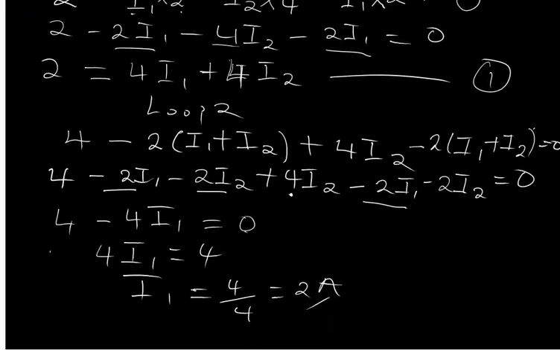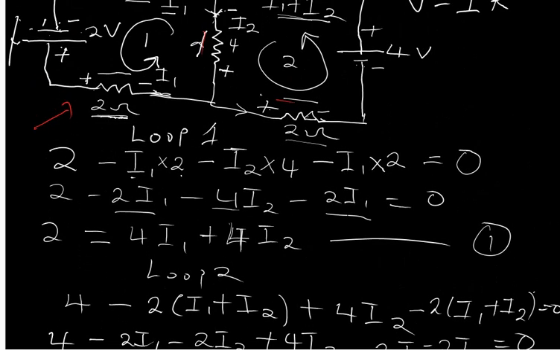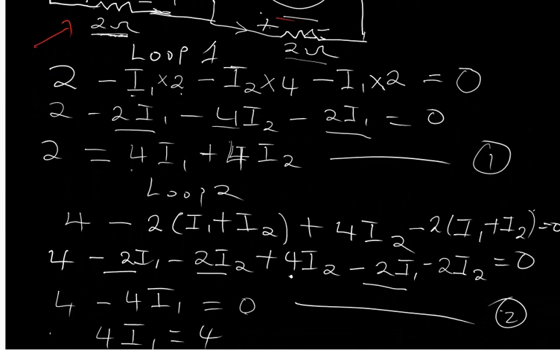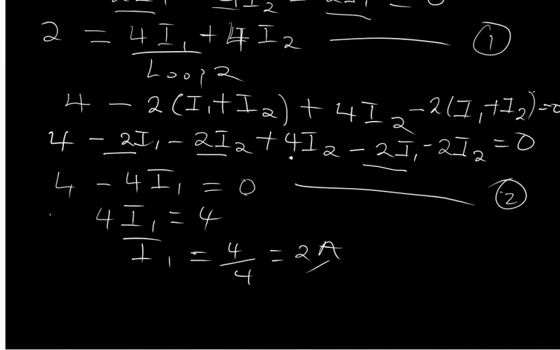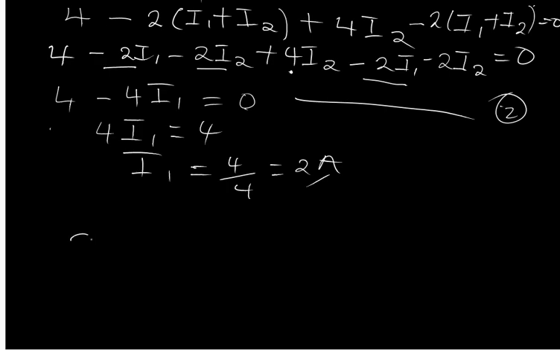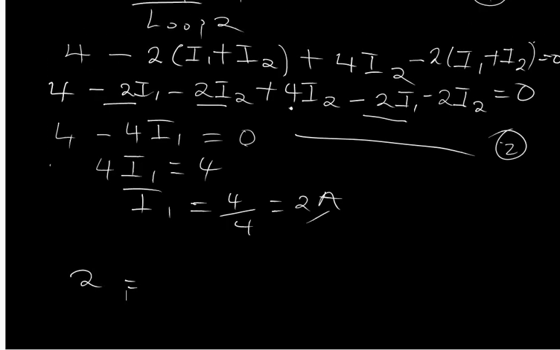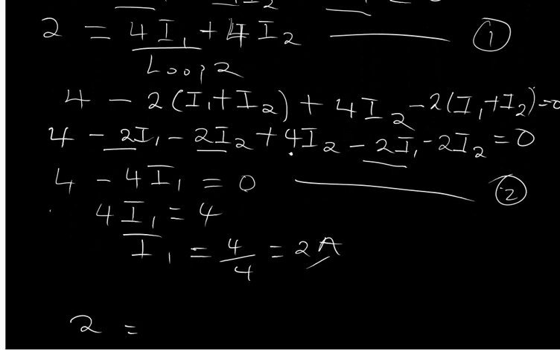Okay, so now having gotten my I1, don't forget that this was supposed to be my equation 2, but it has given me my I1 directly. So with that now I can get my I2. By substituting, I will have that 2 equal to 4 times I1, 4 times 2, plus 4I2.